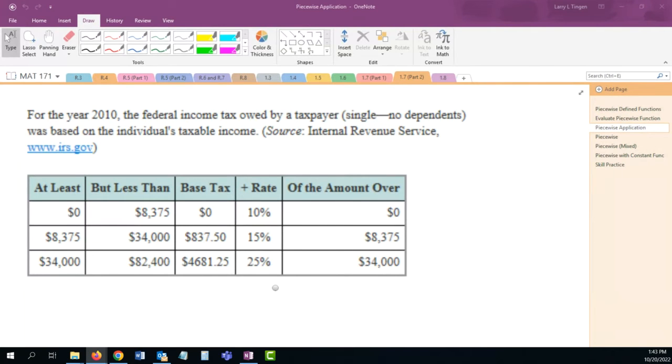So we want a progressive income tax because if you make very little money, let's say the taxes are 10%.